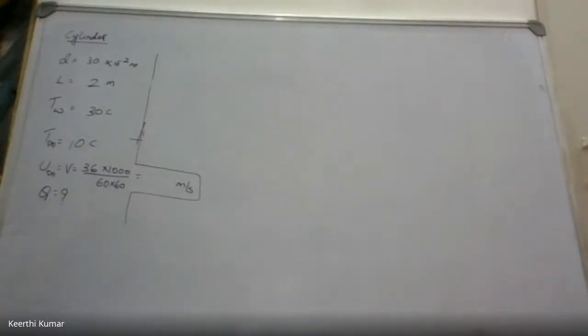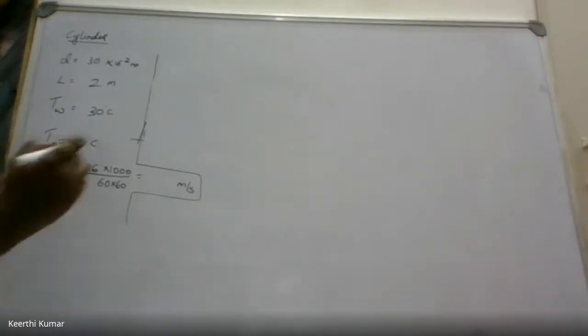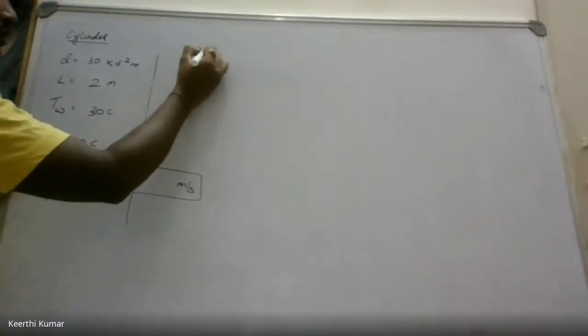Also, calculate the rate of heat transfer if the above object is of square cross section having the same height, surface temperature, volume, and exposed to the same velocity of air stream. Very good. See, he has given 2 cases.